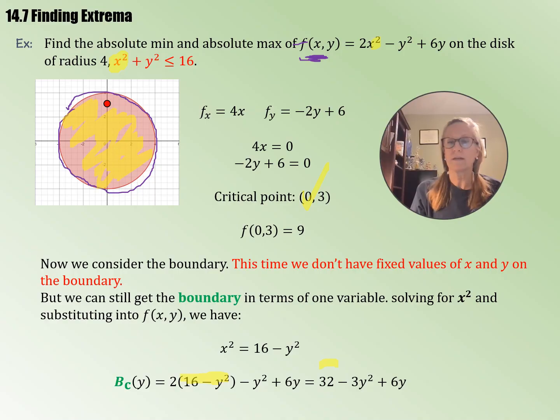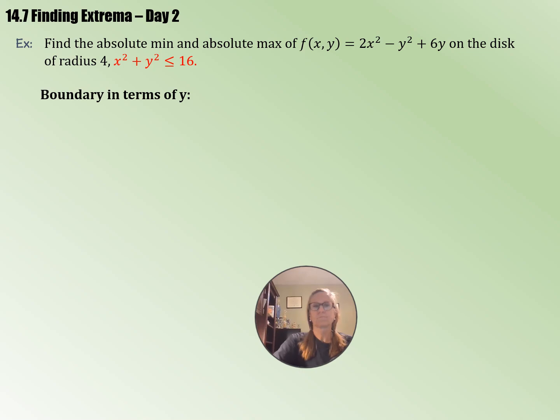I cleaned it up a little bit, and then there is my expression for plugging all values from the circle into my height equation, and only my values from my circle. And then remember, y can't go outside of there, I have a radius of 4. So here we go. My boundaries in terms of y, right? I cleaned it up.